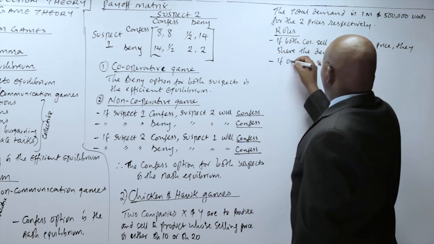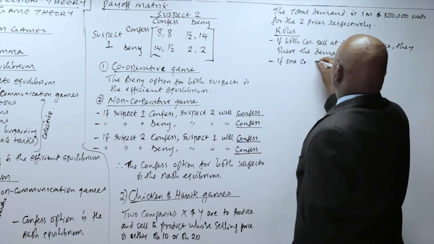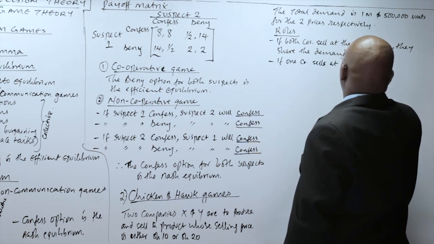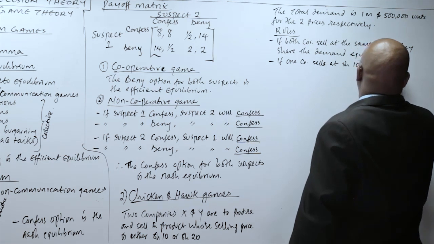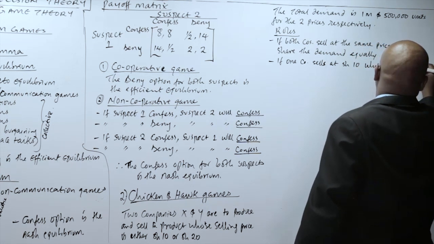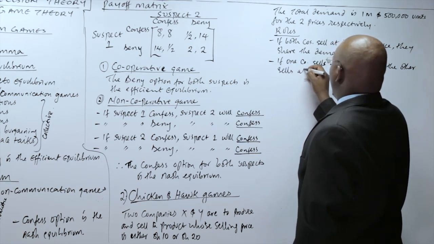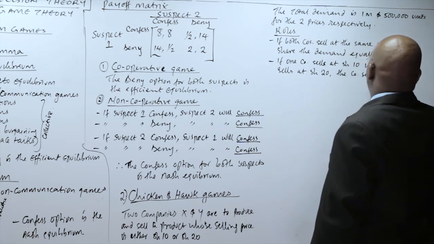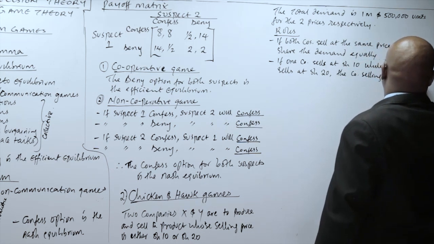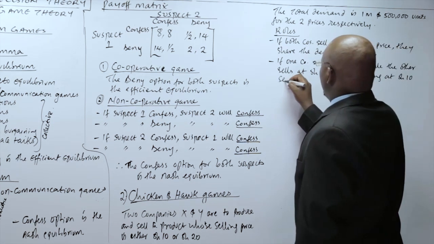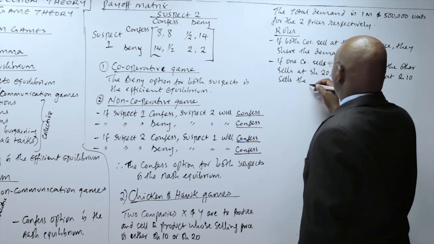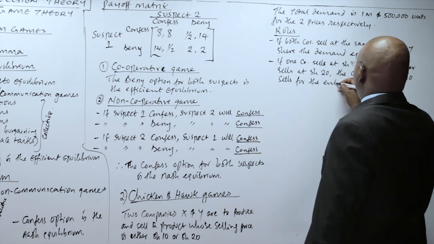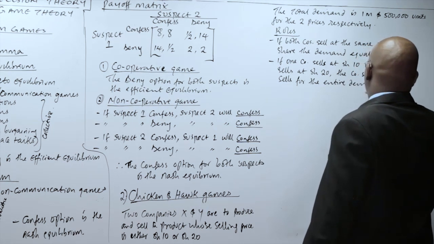Then if one company sells at shillings 10 while the other sells at shillings 20, the company selling at shillings 10 sells for the entire demand.